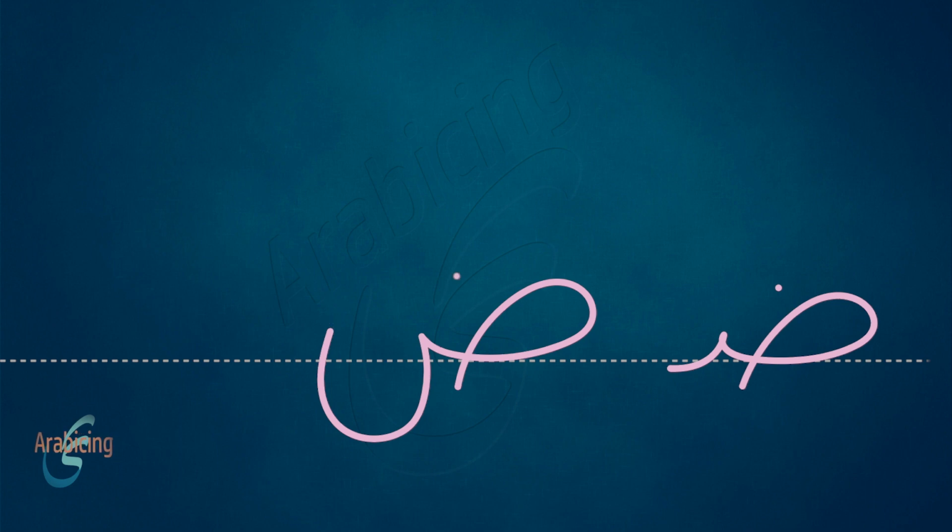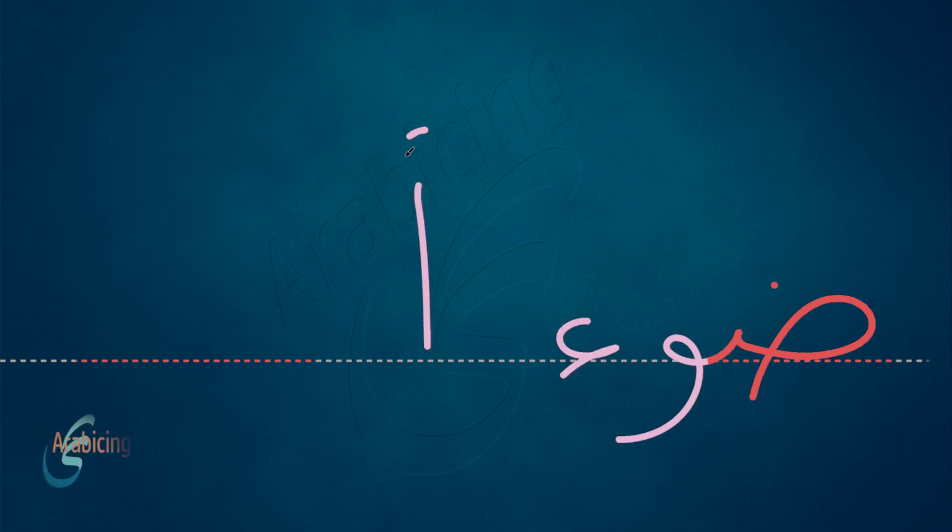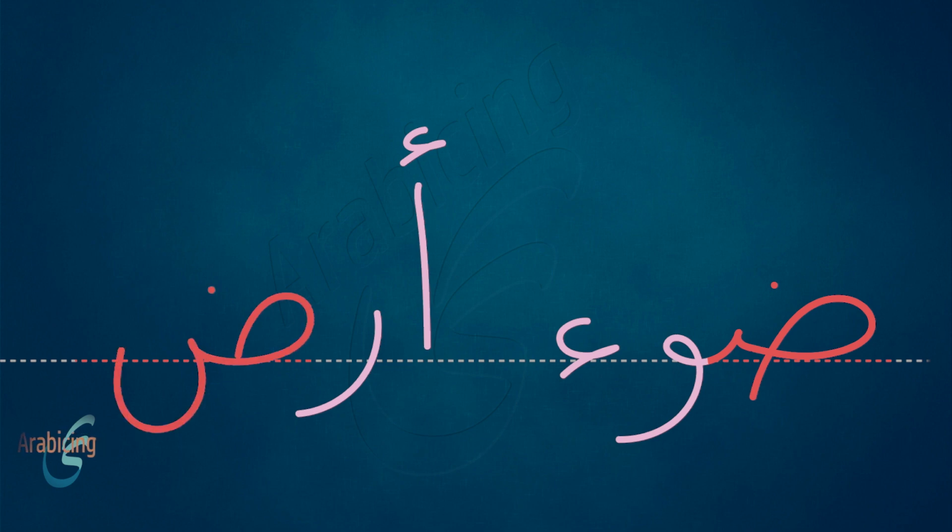This is Dad, cursive and separate. Let's see the letter within these two words. Daw, which means light. Ard, which means floor and also the earth.